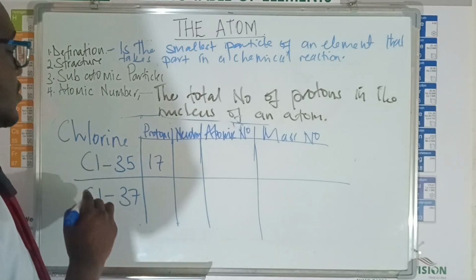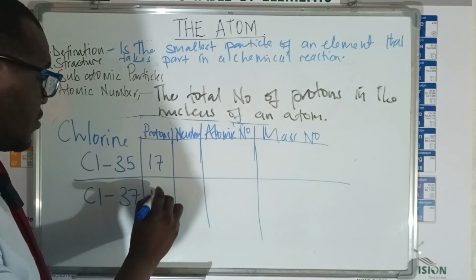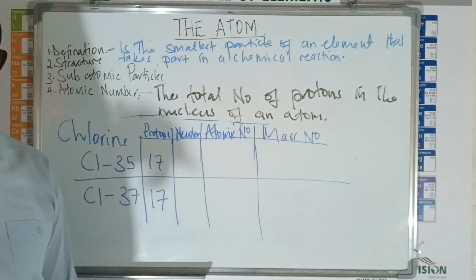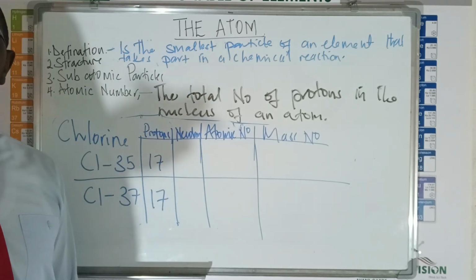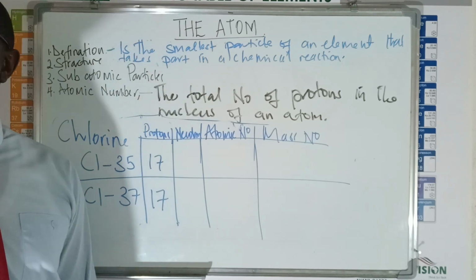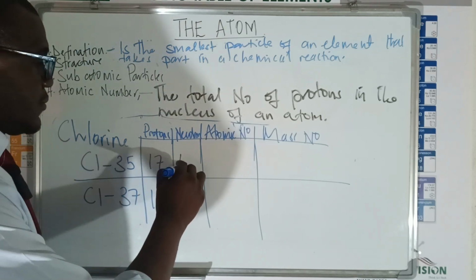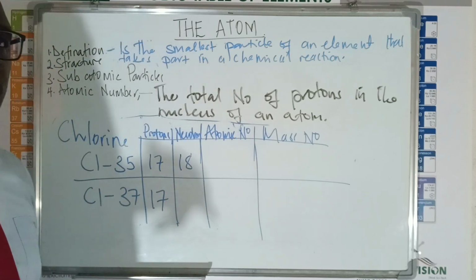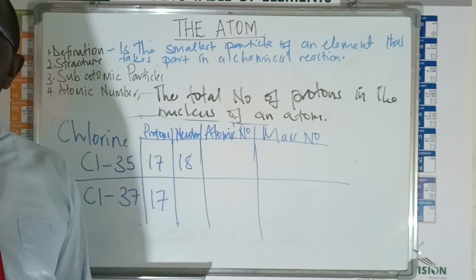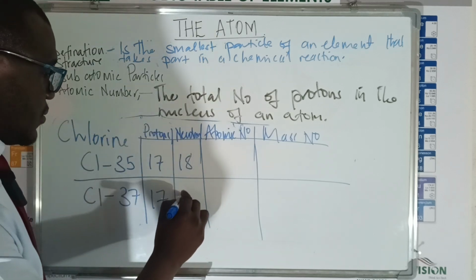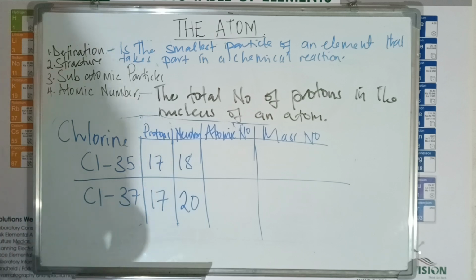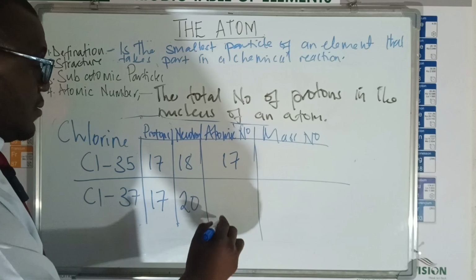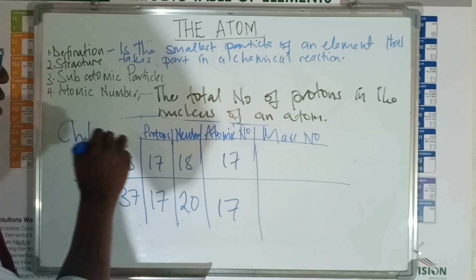Now the protons here is also 17 because the number of protons is constant. The number of neutrons in chlorine 35 is 18, while chlorine 37 has 20 neutrons. The atomic number in this case will be the same, 17, because atomic number is the number of protons.